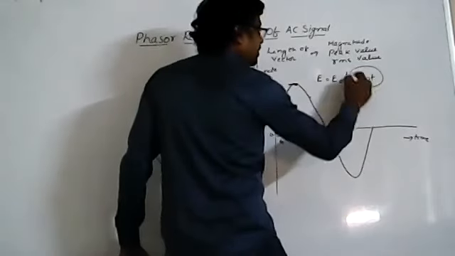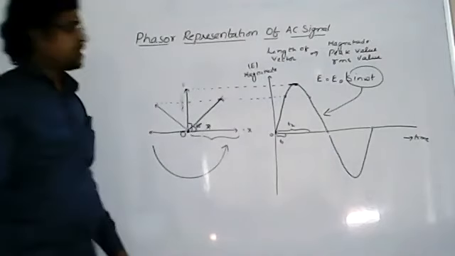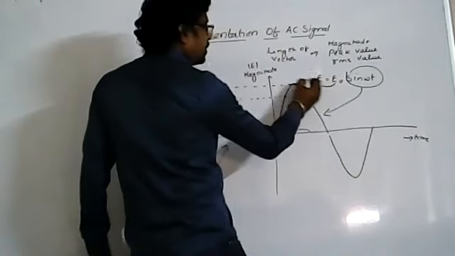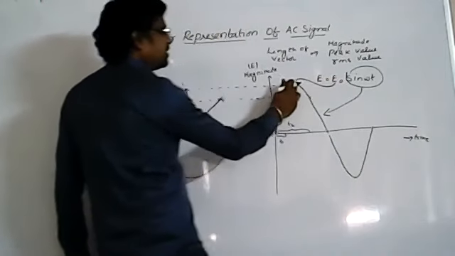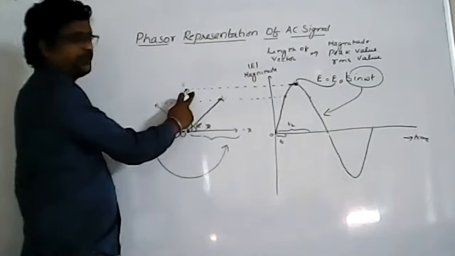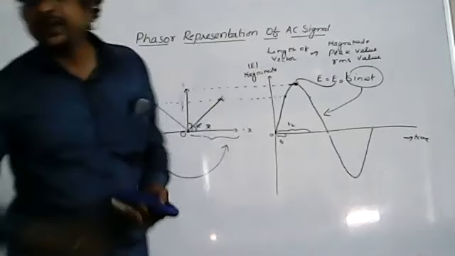This function is nothing but a sine wave. This E naught is the maximum voltage. Right? So this is the phasor representation of AC signal.